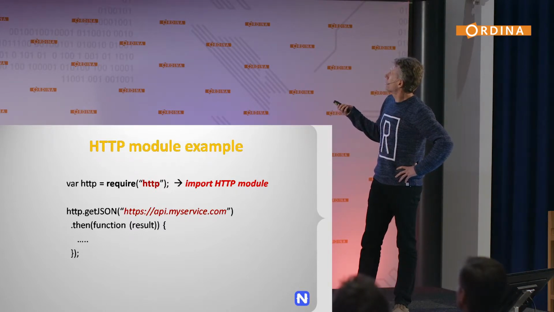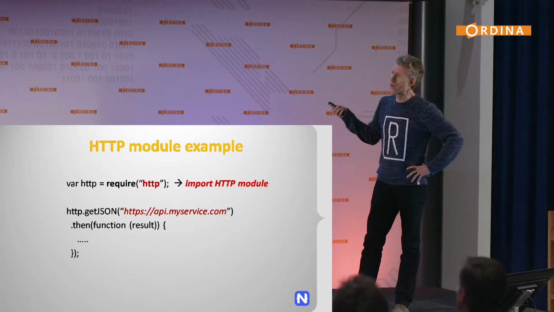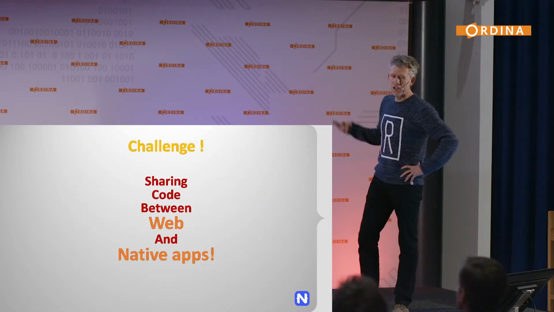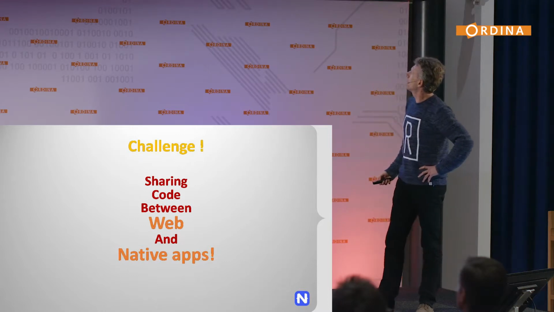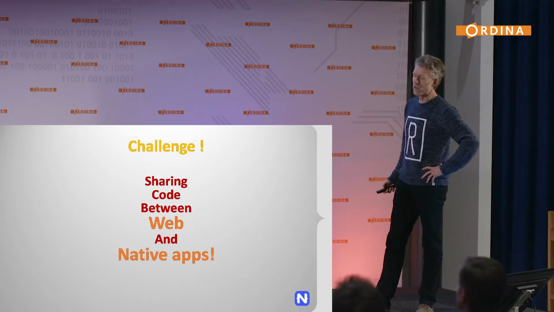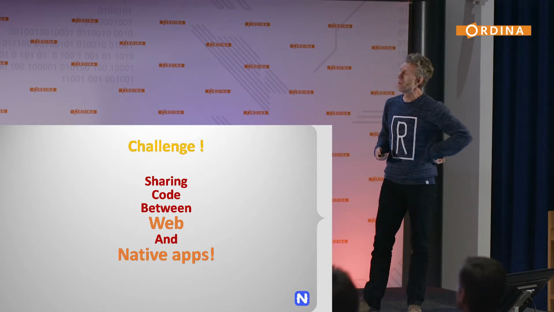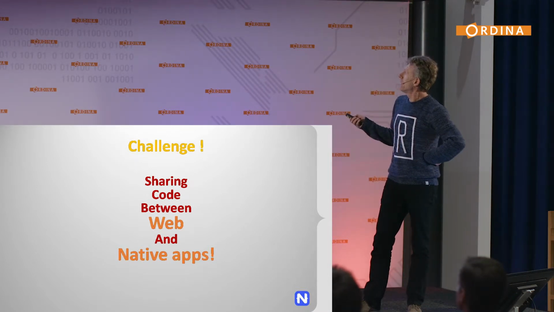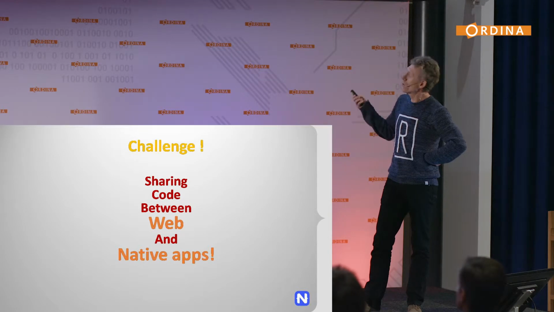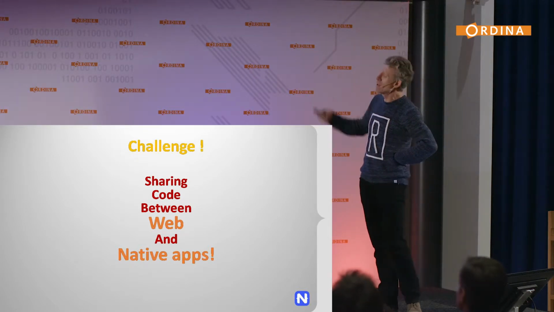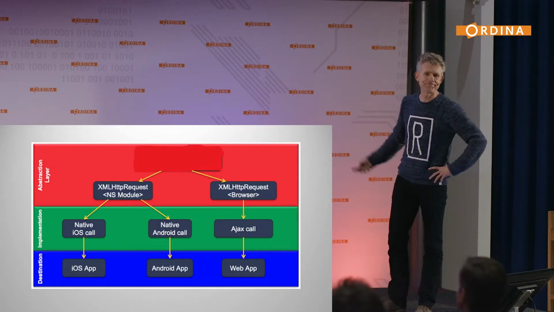You can use it for iOS and Android. But we have one challenge here. We want to share code between our web app and our native apps, and this example does not work in our web app. So what do we have here? A missing link.